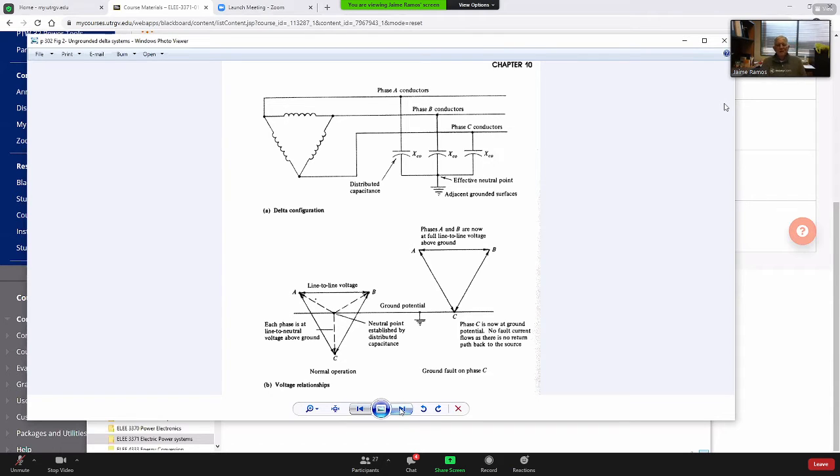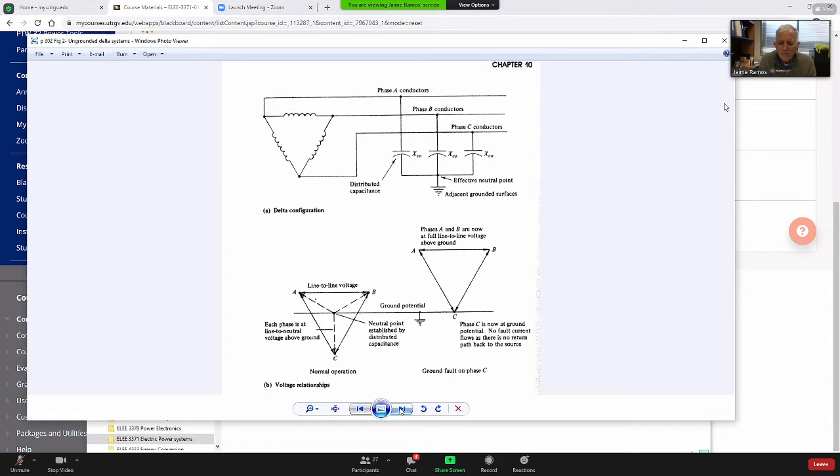Now, what happens on the right? You can see on the right that conductor C has been grounded. With conductor C grounded, all sides of the triangle are lifted so that C is at the level of the ground potential. Now A, with respect to ground, is at line-to-line voltage.